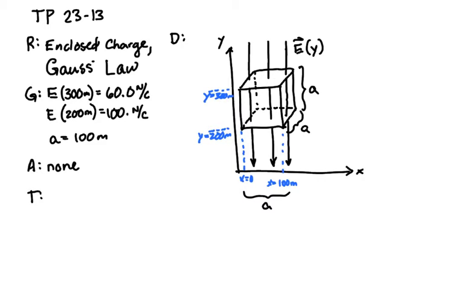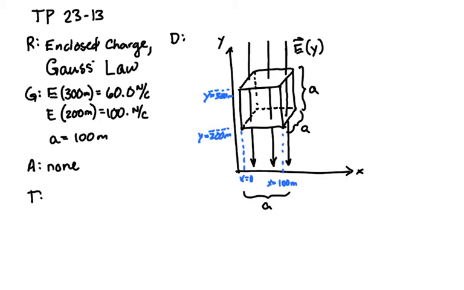All right, so for our assumptions, the great thing about using Gauss's law is that when we say things like a closed and isolated system, by using a Gaussian surface, we have essentially made the assumption that we have a closed and isolated system. All we care about is the charge enclosed inside of our Gaussian surface. Anything outside will have no bearing on the problem at hand.